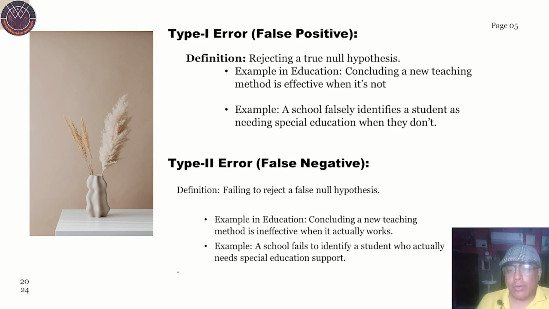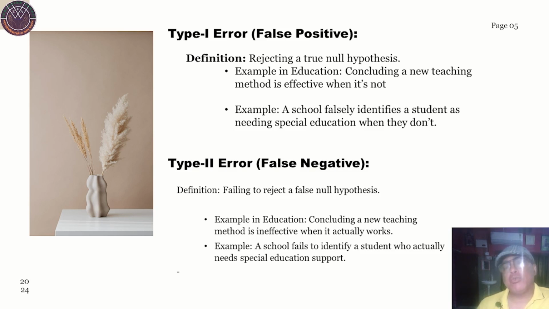Another example: a school falsely identifies a student as needing special education when they don't. Your null hypothesis is that there is no requirement of any special education, but you took the decision based on a certain statistical test, t-test, ANOVA, or whatever test you are applying, and you got a value higher than the table value, and then you are saying that the difference is there, or that special education is required, but actually in reality it may not be there.